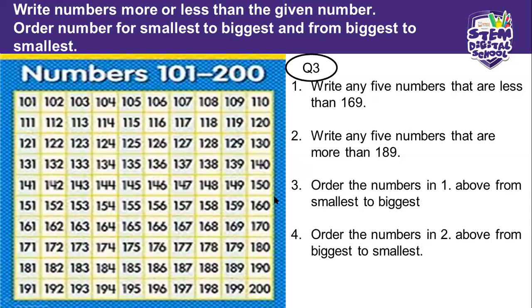Oh, okay. All right, Ndemba. All right, Blessing, I hear you. Okay, so let's do this one now, where we get 5 numbers which are more than 189. I'm also writing.